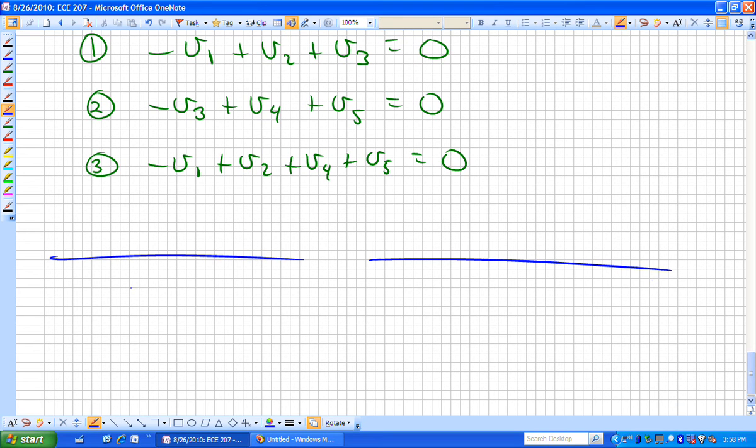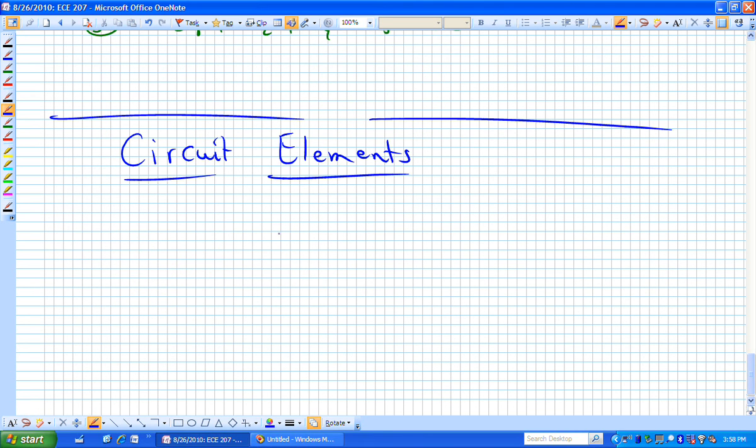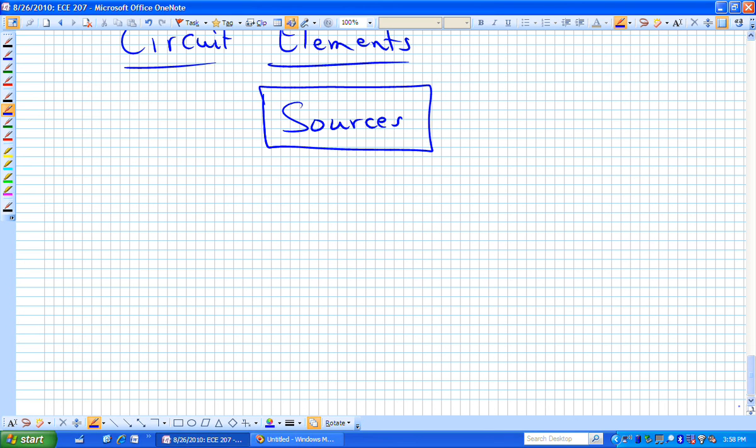Let's move into circuit elements and remind us or inform us of all the different kinds of sources that we could have in our walk through ECE 207. We have two different types of sources. We could have a voltage source or we could have a current source.